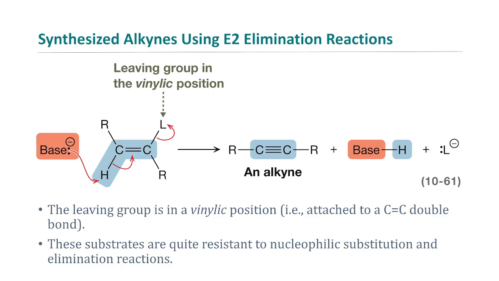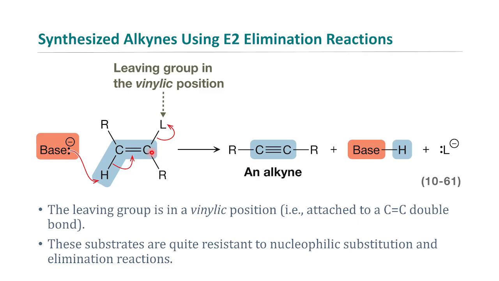The leaving group is going to be attached to an sp2 hybridized carbon, which is right here again. Remember, that's going to be that trigonal planar sp2 hybridized carbon.